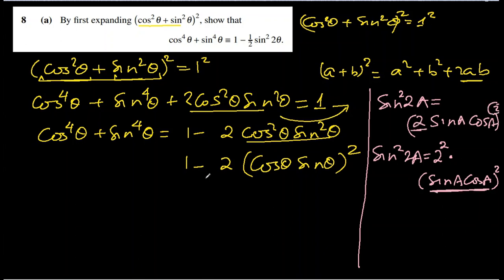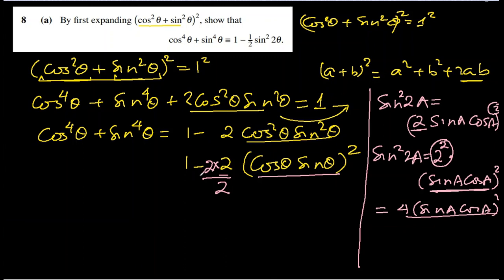This one matches with our output here. Only thing is that we don't have 2 square, 4, here, we have just 2. So to make it 4, we can multiply it by 2 and divide it by 2. Now this was 4 (sine a cos a) square. It completely matches with this one now.